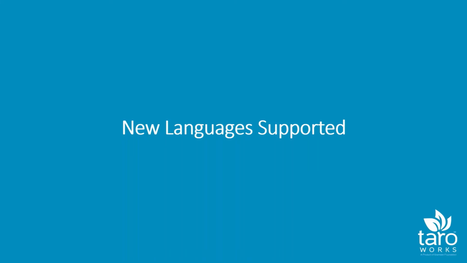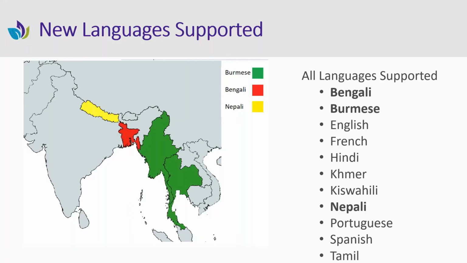And the final feature I'm going to go through is that we are really excited to announce that with Taroworks 6.5, Burmese, Bengali, and Nepali are now supported as language application. What this means is that users in your organizations can now experience the Taroworks application in these languages.